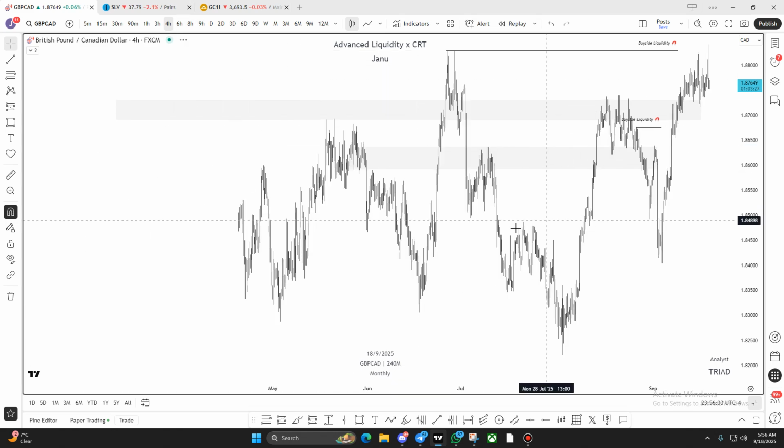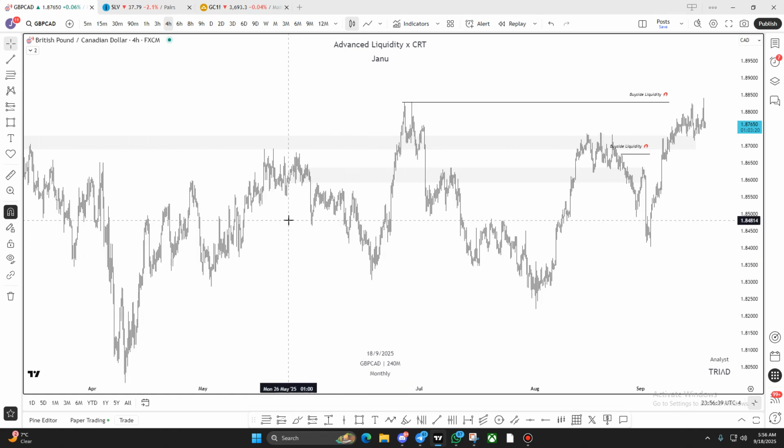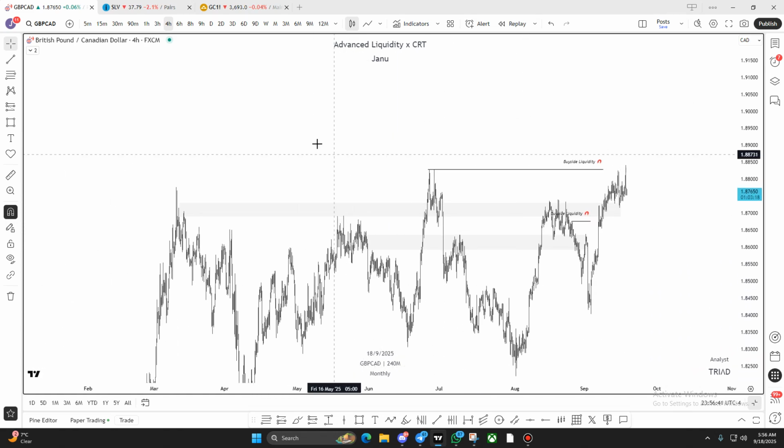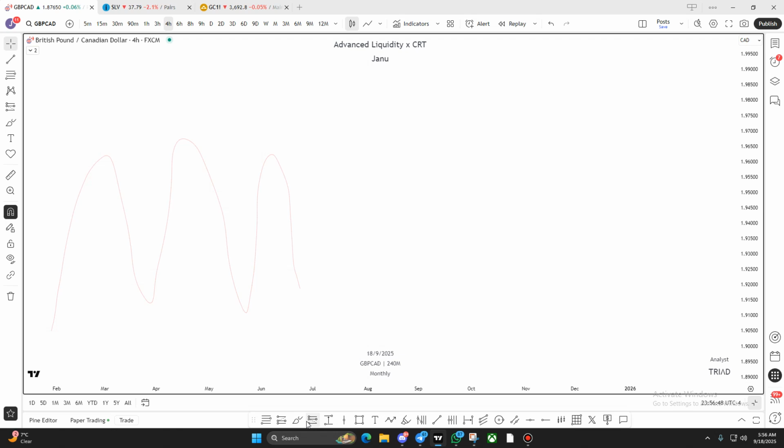Now, after we have identified where the liquidity is, we just need to identify the market profile we are trading in. Are we trading in this type of price action, or are we trading in this type of price action?